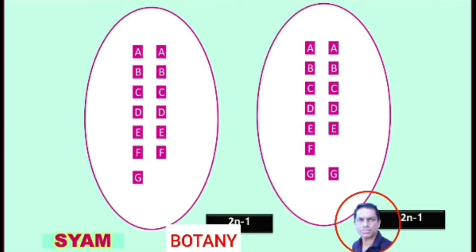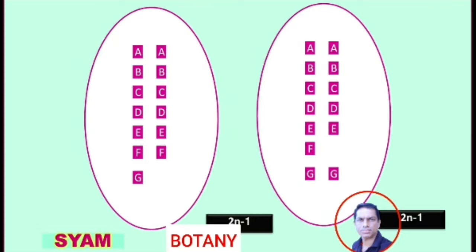So in monosomy, one individual chromosome is lost from the entire number of chromosomes in that cell. For example, in a cell there are 14 chromosomes, 7 in one genome, 7 in the other genome, but one individual chromosome is lost.